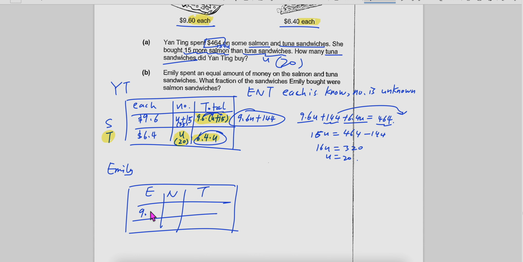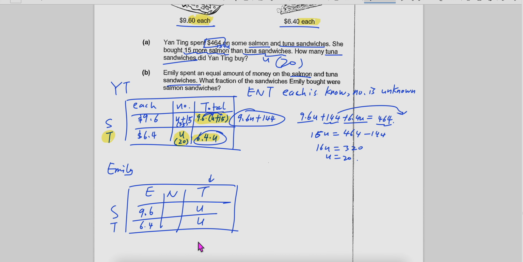Each is the same because salmon and tuna cost the same in both cases. And Emily spent an equal amount of money on salmon and on tuna. The money is here, right? So this will be U, this will be U.